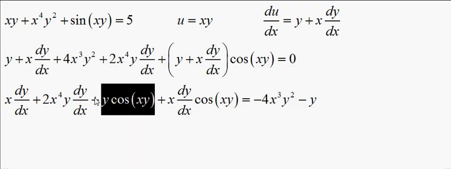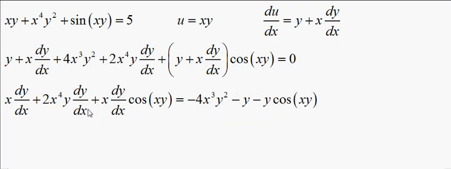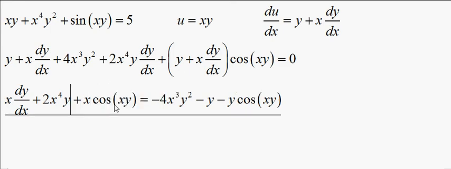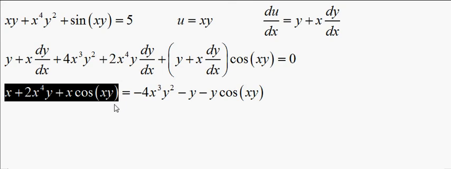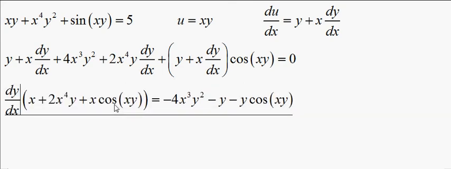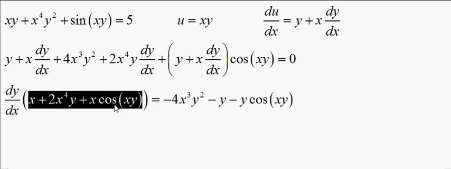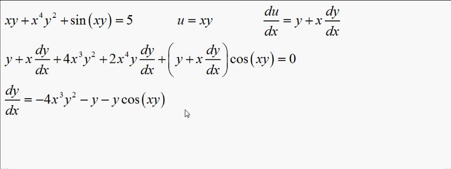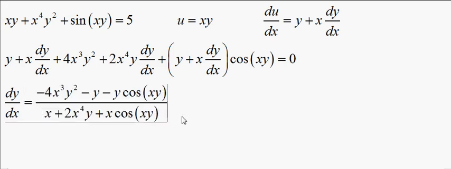Now we're going to move this to the other side. It's going to be negative. Now we can factor out this dy/dx from all the terms, just like this. And now we can divide by this whole thing on both sides, and we will have our derivative.